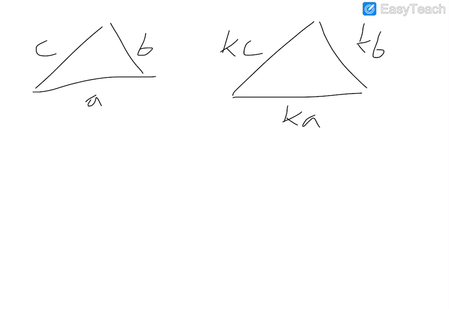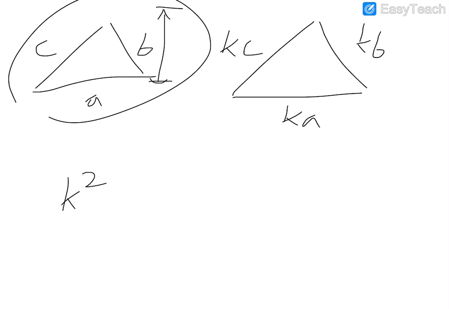Now, the ratio between the areas is K squared. Why is that? If you think about it, the area of a triangle is 1/2 base times height, so the base is multiplied by K, and the height is also multiplied by K, which means at the end it's just the area of the initial triangle multiplied by K twice.